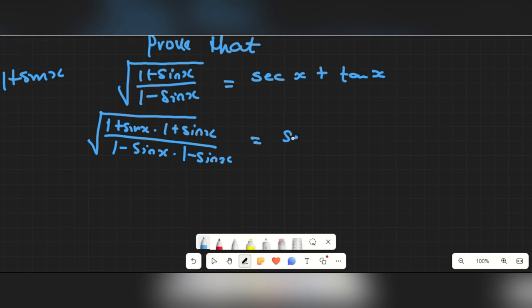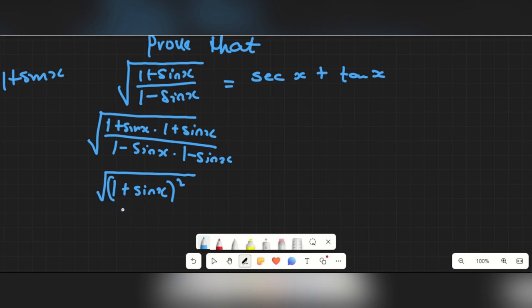Everything will become sec x plus, okay, sorry, I don't really need that. I want to prove the left hand side actually. So the next thing we need to do here is this. Since we have 1 plus sine x times 1 plus sine x, the upper one is going to become the square root of (1 plus sine x) all squared.